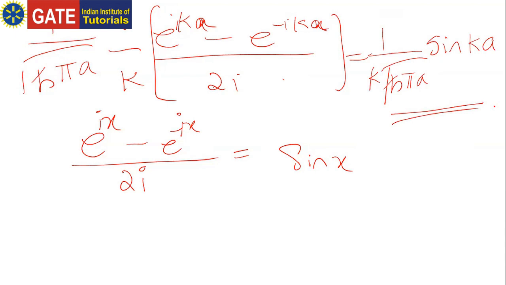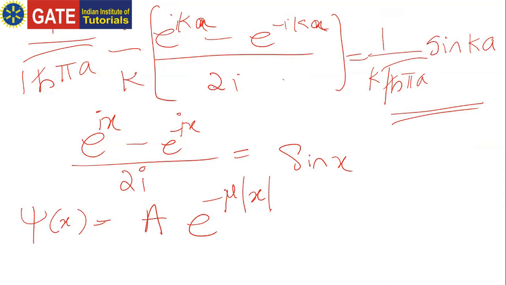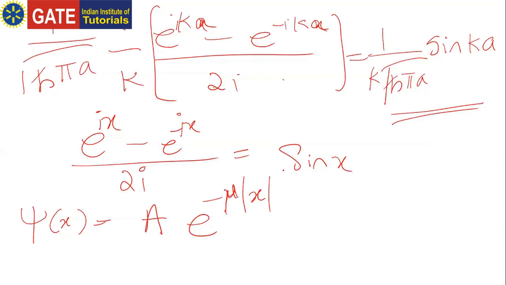Write down one homework question. Homework: psi of x equal to A e power minus mu mod x. See, don't neglect a homework question. The homework questions I am giving you are from your previous CSIR question paper. Psi of x equal to A e power minus mu mod x.